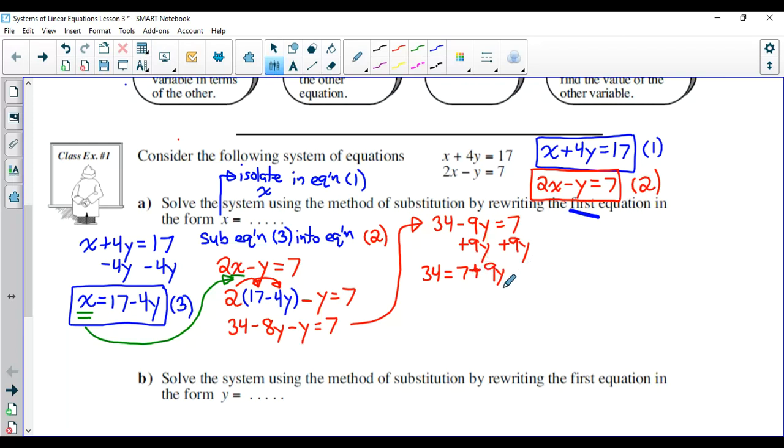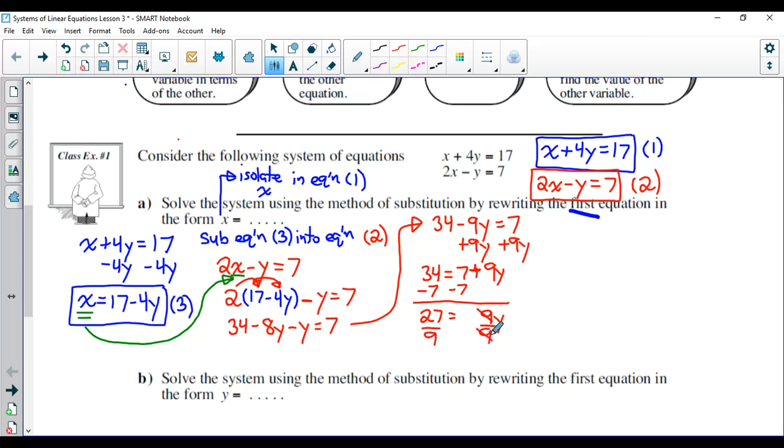Now we just apply the opposite operation to isolate the y variable. First, subtract 7 from both sides of the equation. 34 minus 7 is 27, and that is equal to 9y. To get y by itself, we divide both sides of the equation by 9.